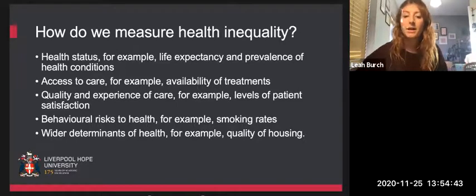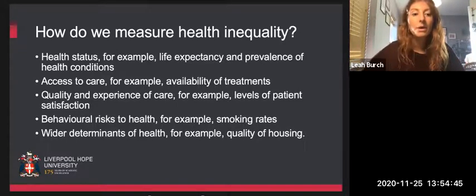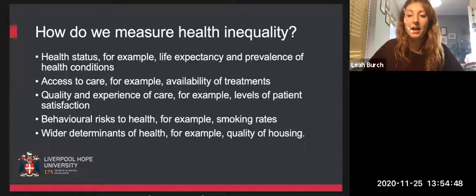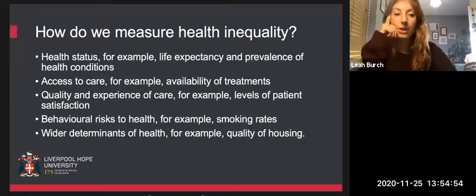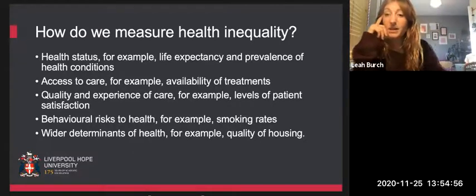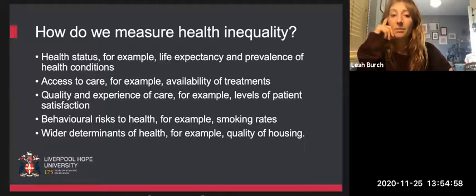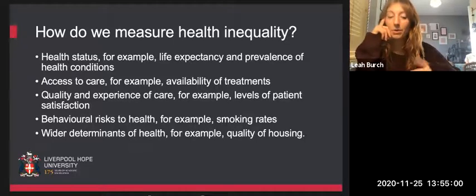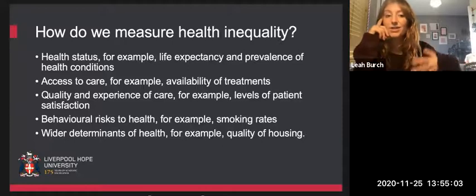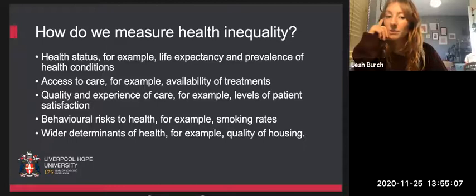So we can really describe relationships there between these statistics and the types of people and populations that they're impacting. We can also look at access to care, and this can be measured from both a qualitative and quantitative approach. So access to care, so we could look at the availability of treatment, and not just availability of treatment, but where that takes place. So what kind of areas have greater availability of different kinds of treatments?